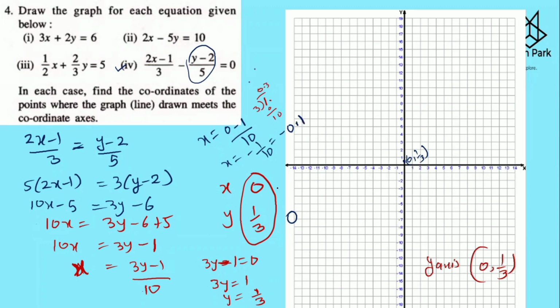So this is the point where the line meets the x-axis. So minus 0.1 is going to come over here somewhere. The line meets the x-axis at minus 1 by 10, comma 0.